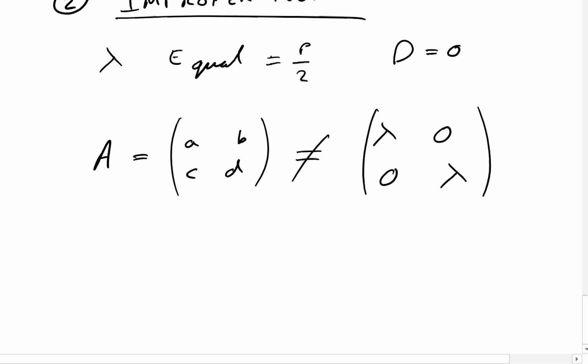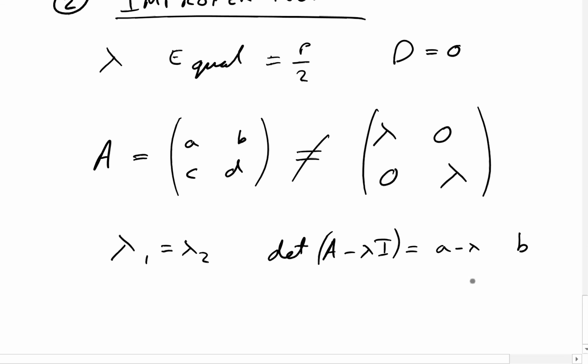So we still have lambda 1 equals lambda 2. Now, if I take the determinant of this matrix, we've got A, B, C, and D, so B and C aren't equal to 0. The determinant of A minus lambda I is the determinant of the matrix A minus lambda, B, C, D minus lambda.